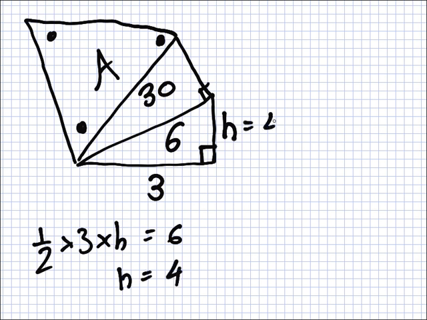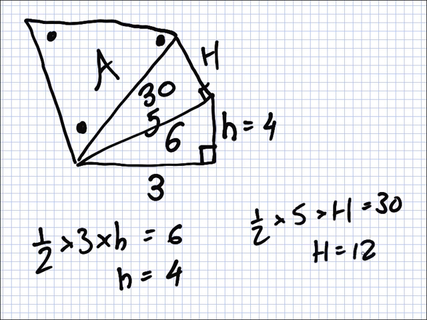So this side is 4, and then Pythagoras tells us that this side here is 5, and then we can get this height, which I'll call capital H, by the same process. A half the base by the height should equal 30. So 12, is it? You see what I was doing here. So this is 12. So from Pythagoras, what's this side? 13. And this side? And this angle?